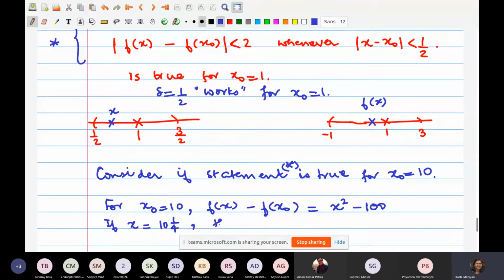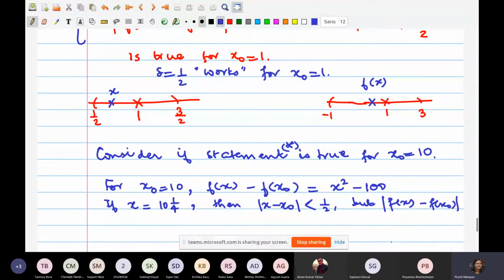Then I'm just going to reiterate that for this particular choice of x, what happens to f of x minus f of x0? This is 10 1/4 square minus 10 square. This is 5 1 by 16, which is certainly bigger than 2.